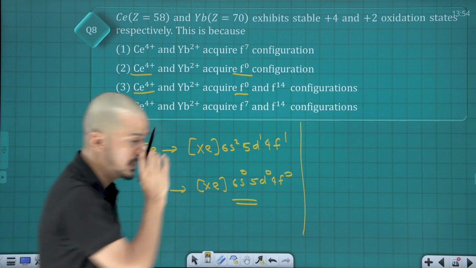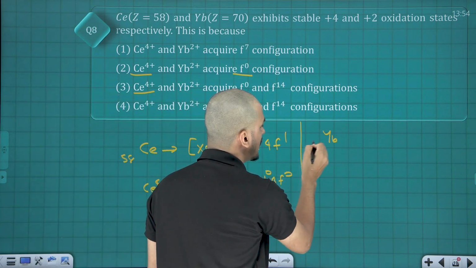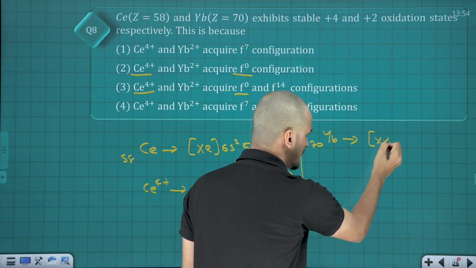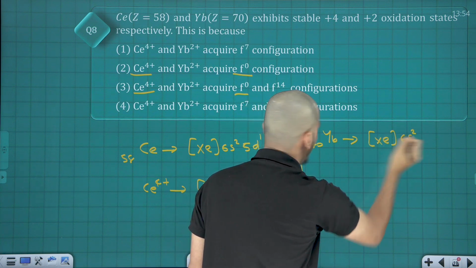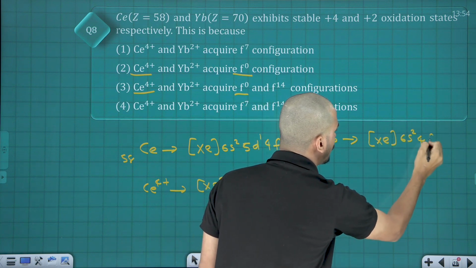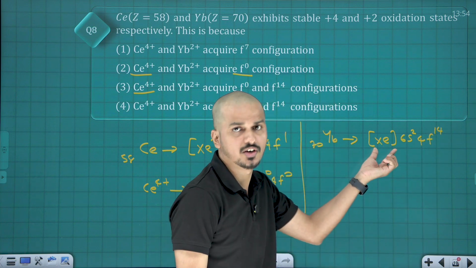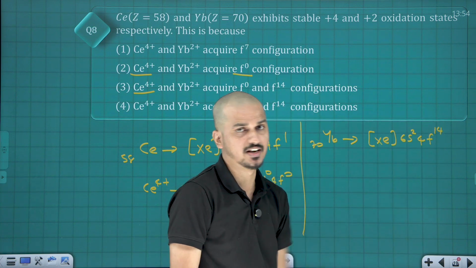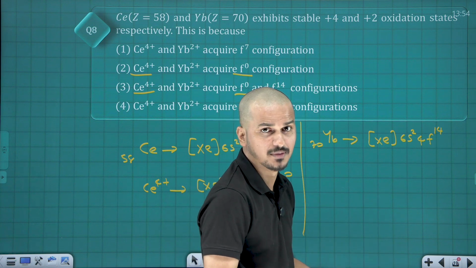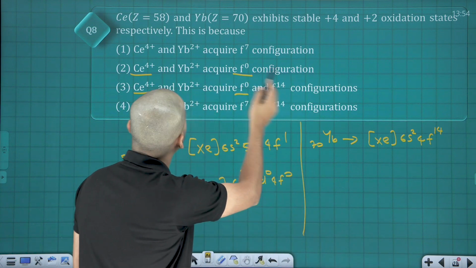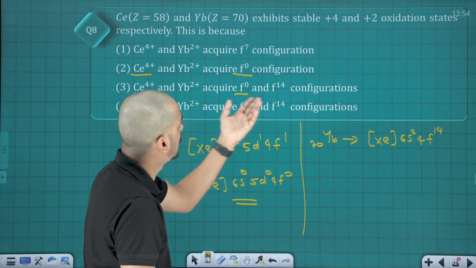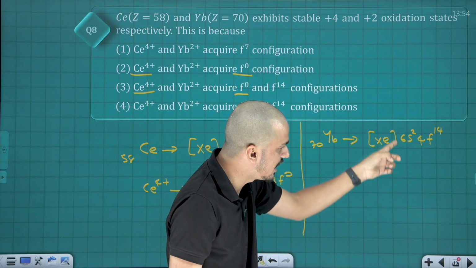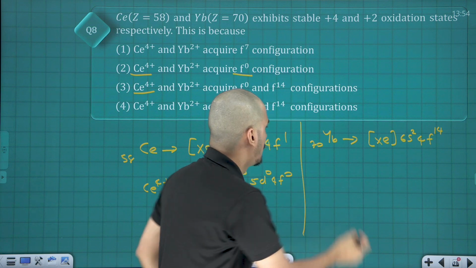Then the second thing they are asking: ytterbium, atomic number 70. Its configuration is xenon 6s2 4f14, so xenon is 54 plus 2 is 56, plus 14 is 70. They are asking which configuration it exhibits. It gets a stable configuration once it loses the 6s electrons.